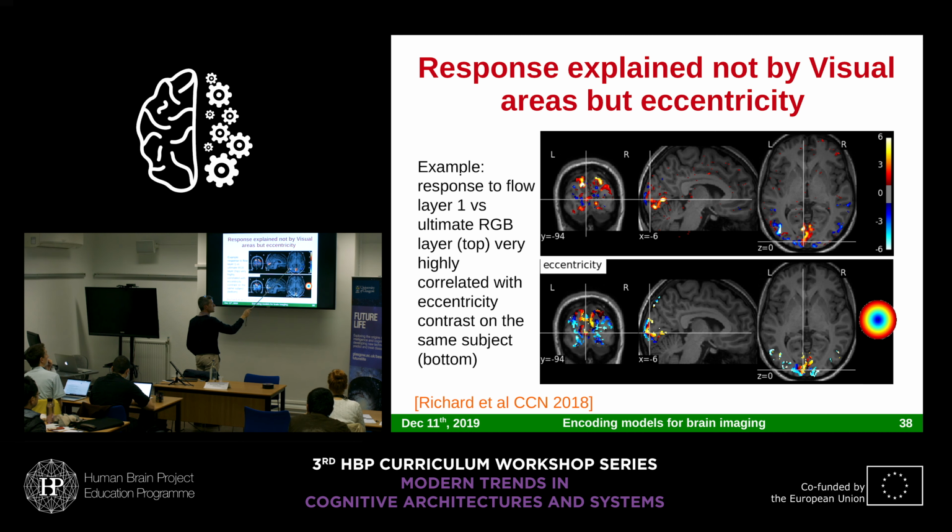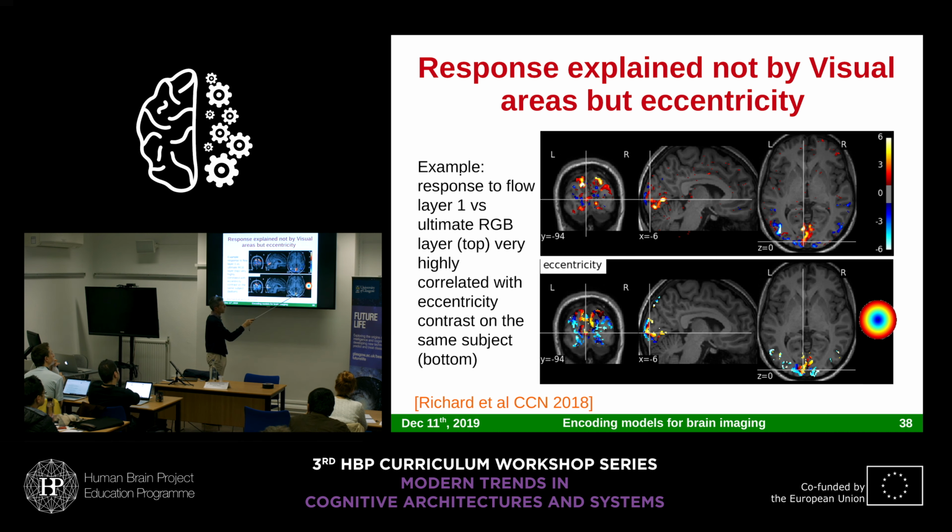And this contrast does not correspond to boundaries between visual areas. It actually corresponds to the representation of eccentricity in this subject. So we also did a retinotopy experiment in the same subject, and you see that the most peripheral regions in terms of retinotopy are those that respond to the optical flow in blue.